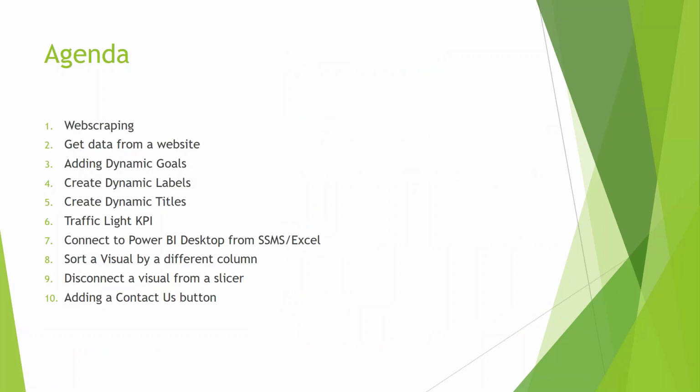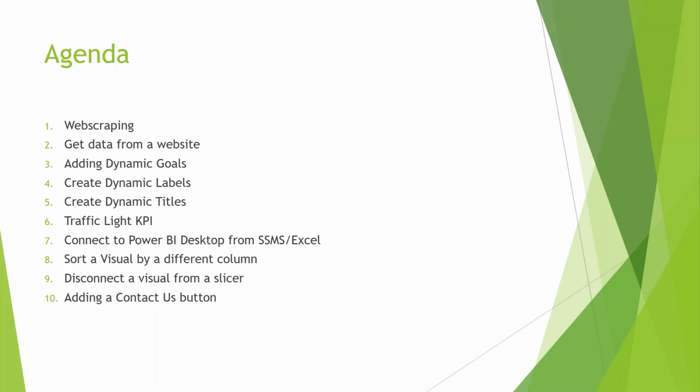So let's now move. Today's agenda: first, I'll show some techniques on web scraping, and the second one is getting data from a website. There is a small button on the web page in Power BI which I'll show you. I'll show you how to get the data using that. It mainly uses the CSS of the HTML files.